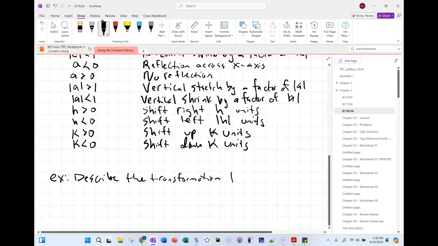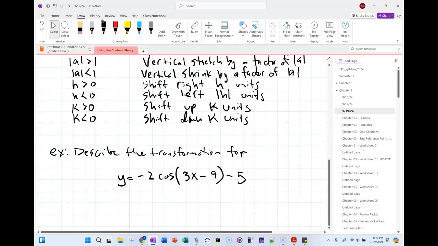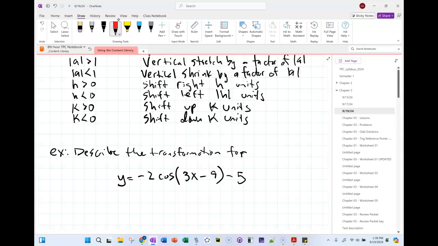So describe the transformation for, okay. So let's say we have the function y equals negative 2 cosine of 3x minus 9 minus 5. And we're asked to describe the transformation.